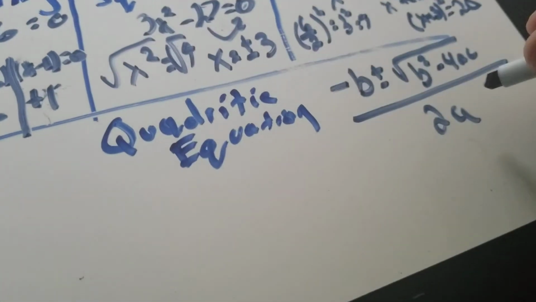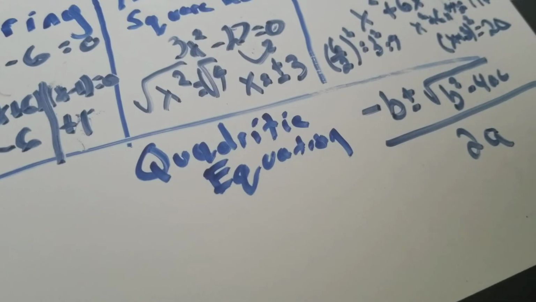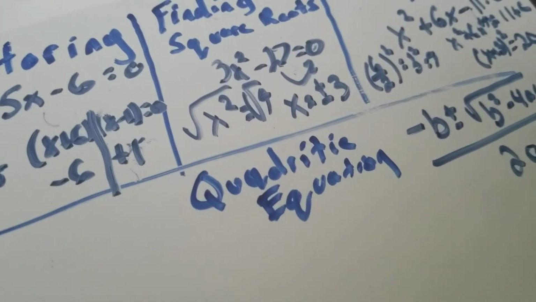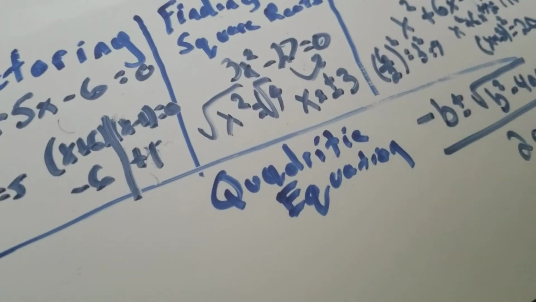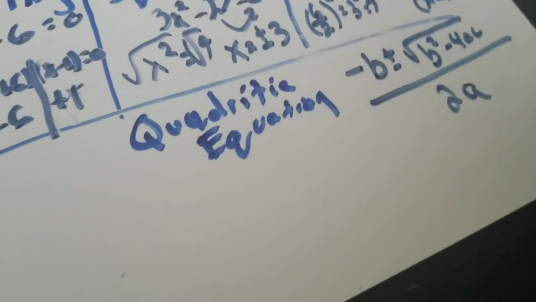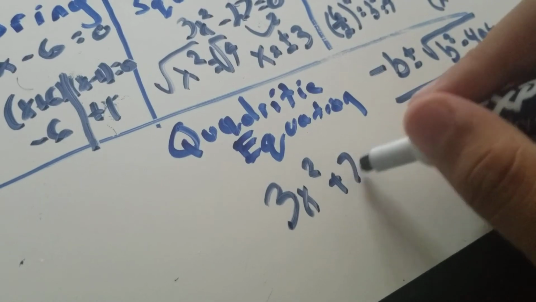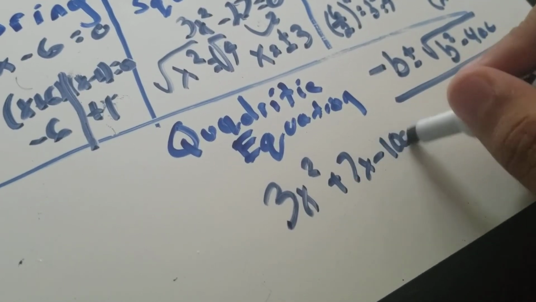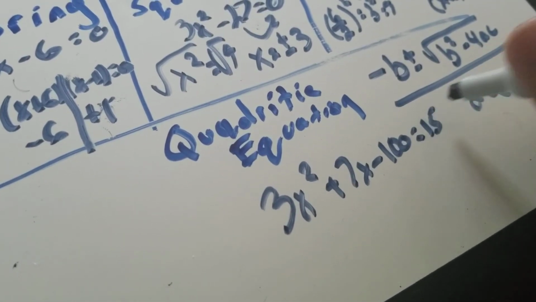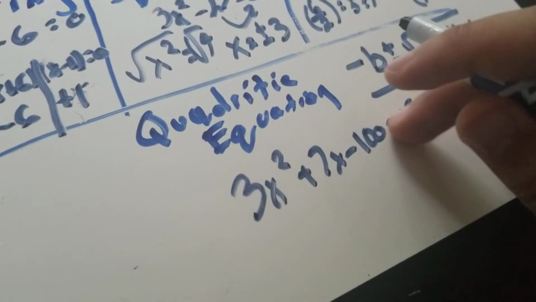with the quadratic equation, you don't care how it looks, how it's set up, what you have or don't. The quadratic equation always works. So I'm just going to throw random numbers. If it looked like 3x squared plus 7x minus 100 equals 15, and then you have to move the 15 to set it, let's just set it equals 0.